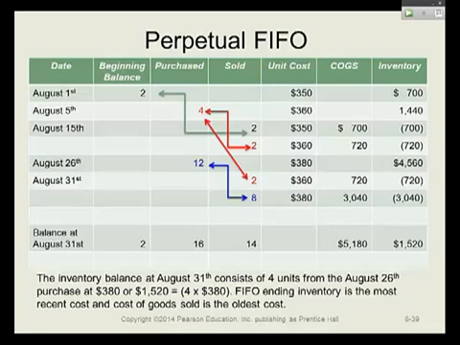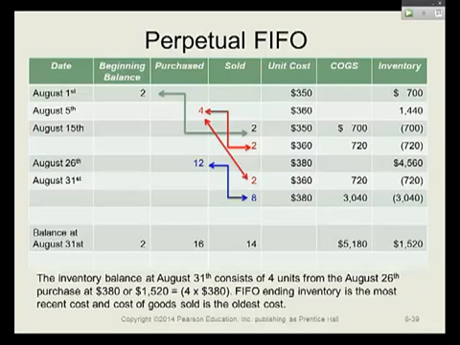Now the more recent units, obviously we always have 4 units left. I'll get to that in a second. But if you add this up, once again, by adding up the cost of goods sold and the ending inventory, it should be $6,700. So now the allocation here is a little bit different.